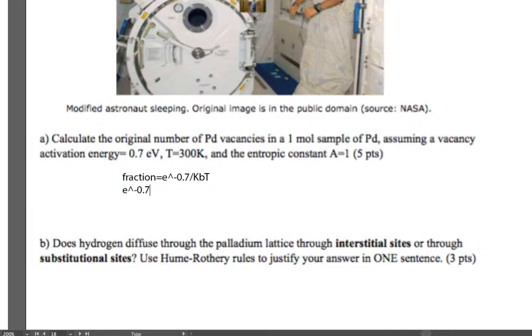I need to divide this bottom value here by 1.602 times 10 to the power of negative 19 R. And then after that, divide it by 300. There we go.